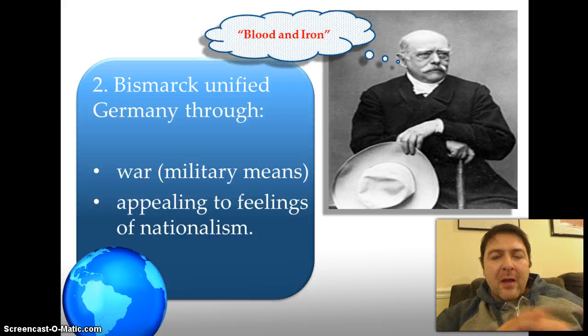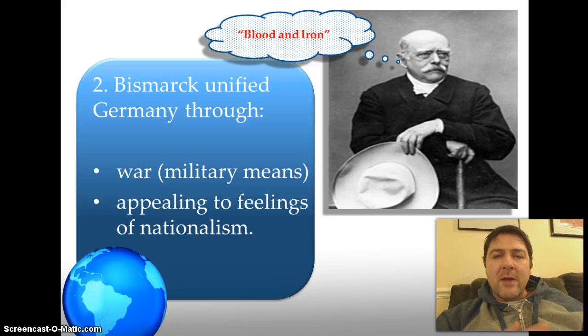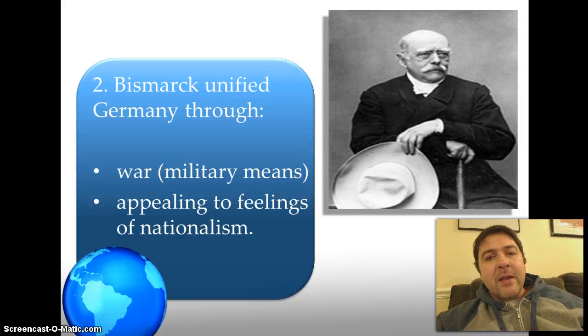Okay, these tactics are known collectively as blood and iron. Appealing to German nationalism, the potential for German economic power in iron, but also blood, military means if needed.